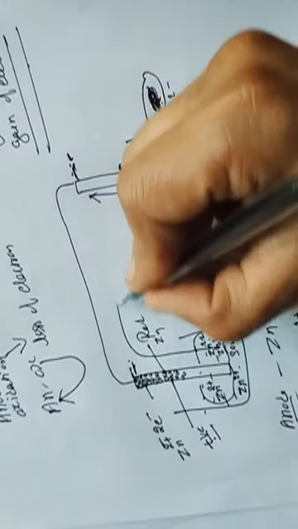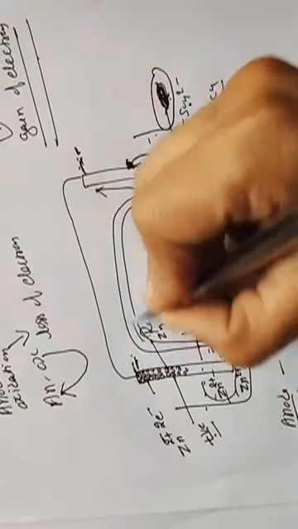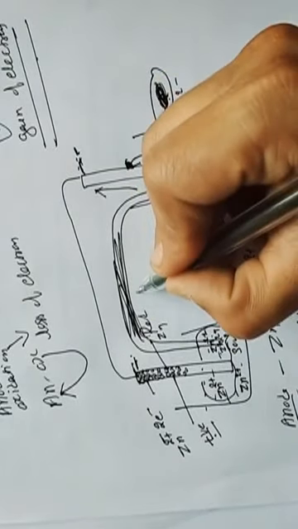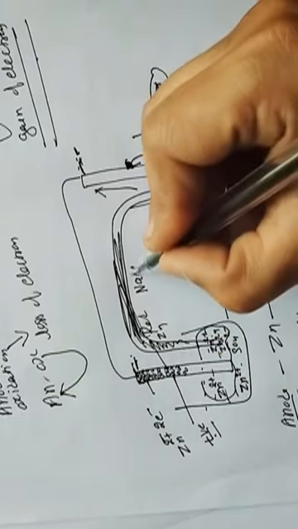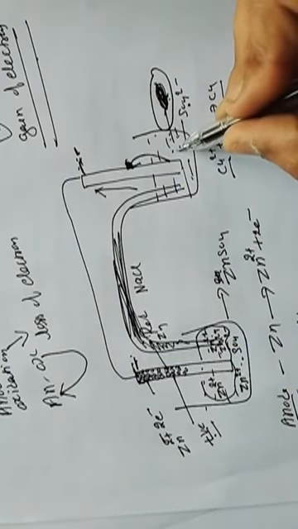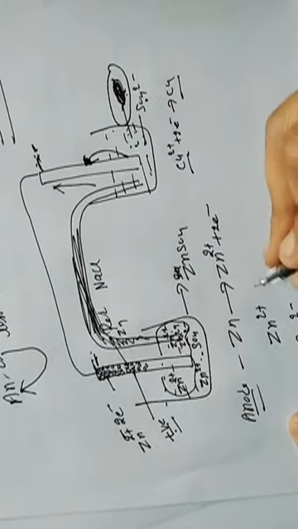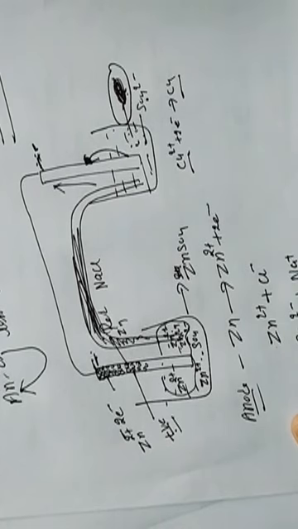In the salt bridge. This is the salt bridge. We'll have a paste of, for example, NaCl. Now some NaCl will reach here as well as here, and NaCl will produce Cl- as well as Na+.